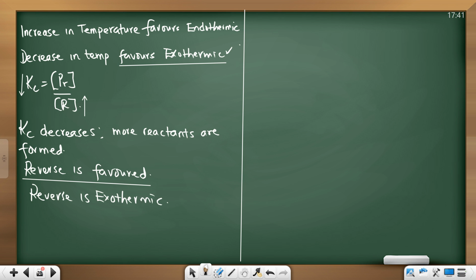What are we asking for? Forward. So the forward is endothermic. 1, 2, 3, and 4. So that look helped you.